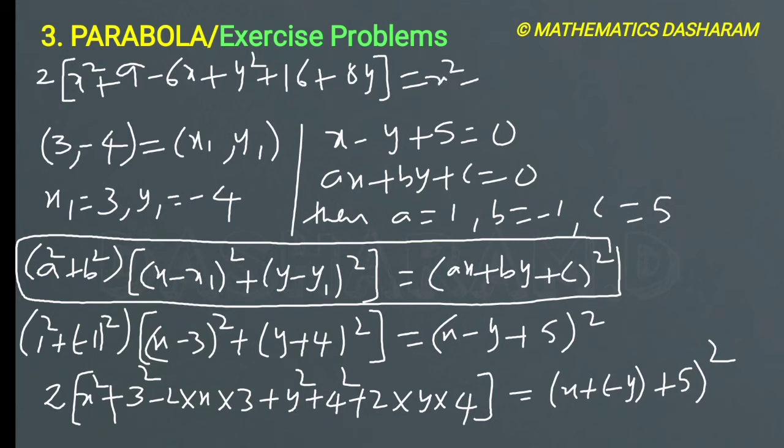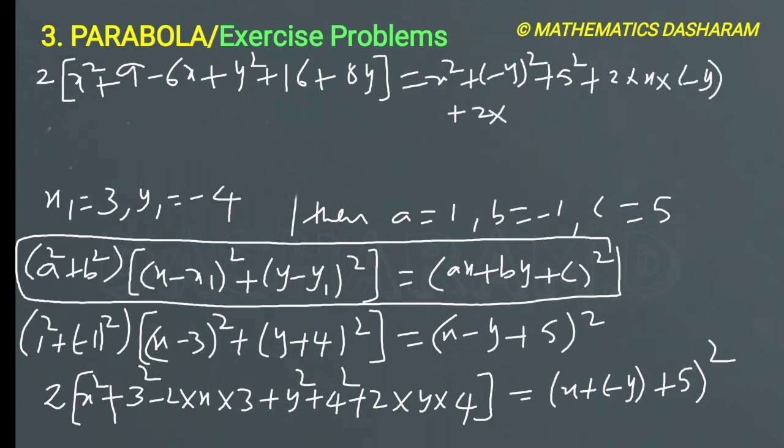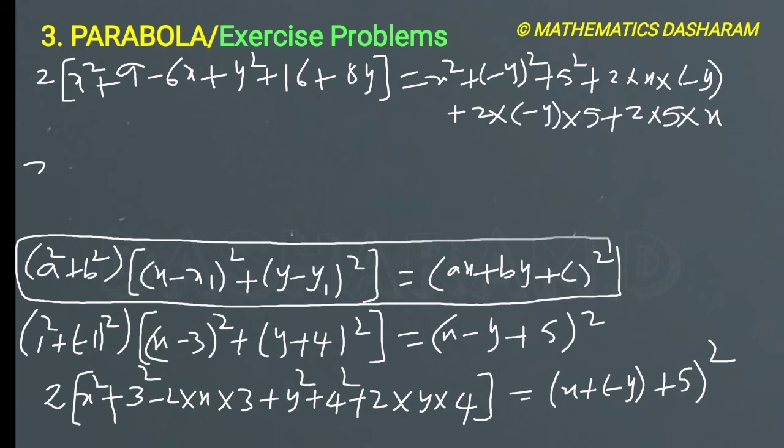So 2 times the bracket: x² + 9 - 6x + y² + 16 + 8y, and the right side is a² + b² + c² + 2ab, so 2 times x times -y, next 2bc, 2 times -y times 5, plus 2ca, 2 times 5 times x. Let's multiply 2 inside: 2x², 2 times 9 is 18, here 9 plus 16 is 25, 25 times 2 is 50, minus 12x plus 2y² plus 8 times 2 is 16y.